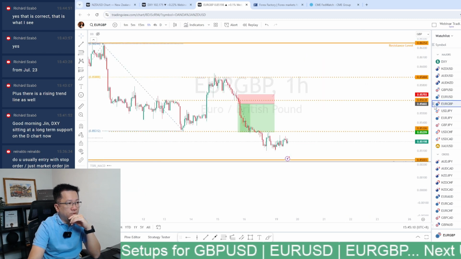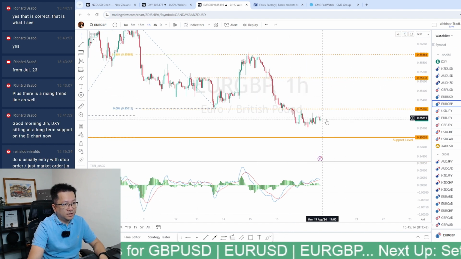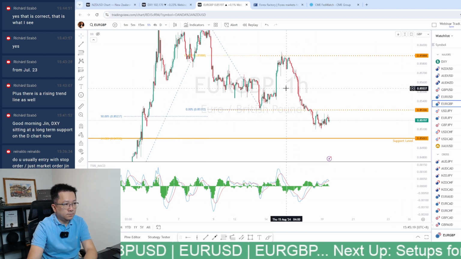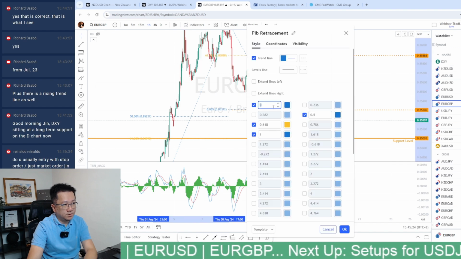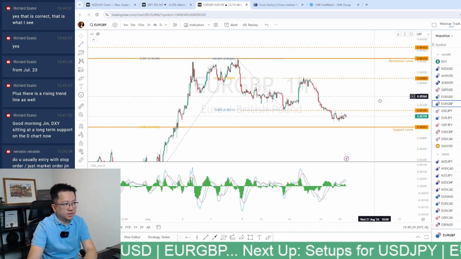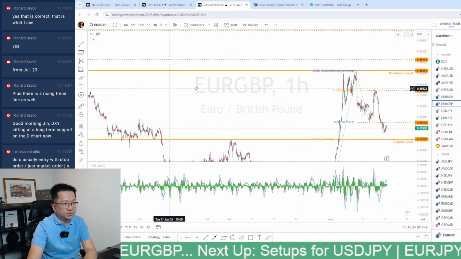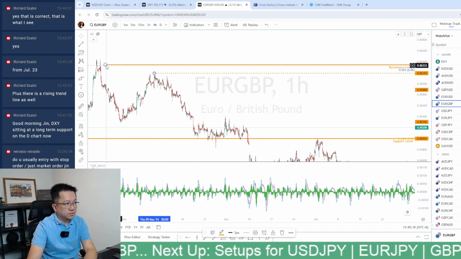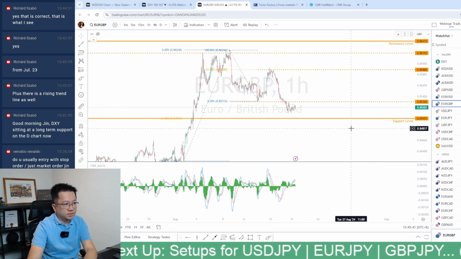Then onto the euro pound, did well on that. Now, as it sits along this point, 50 is done. So as it sits there, my resistance there, test.